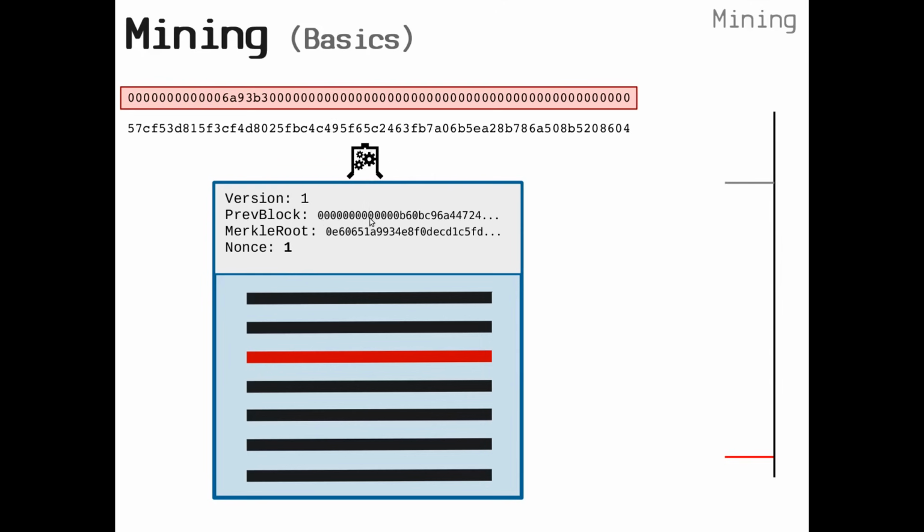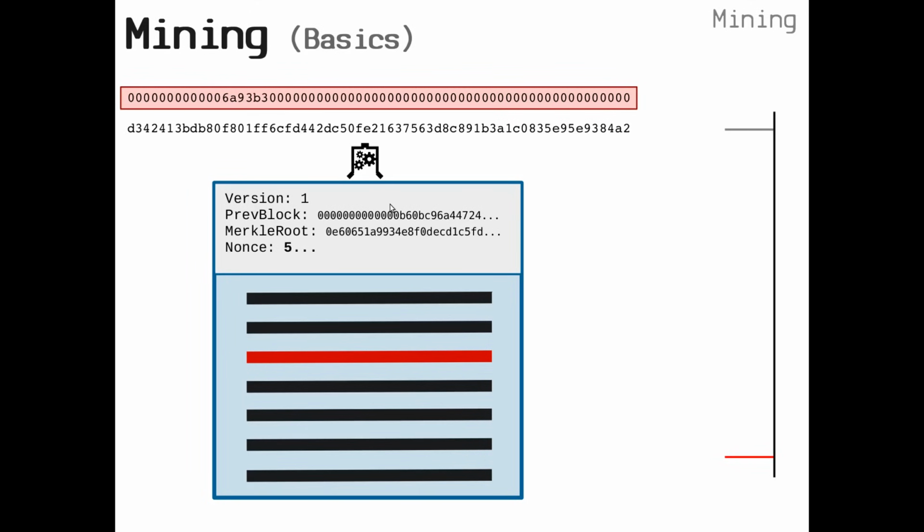So a miner will construct a block header and keep changing this nonce value, hoping that the result will produce a block hash below the target value. Literally, a miner creates a block header, adds a nonce to the end, and if it doesn't work, they'll keep incrementing it, hoping to get a low enough block hash.